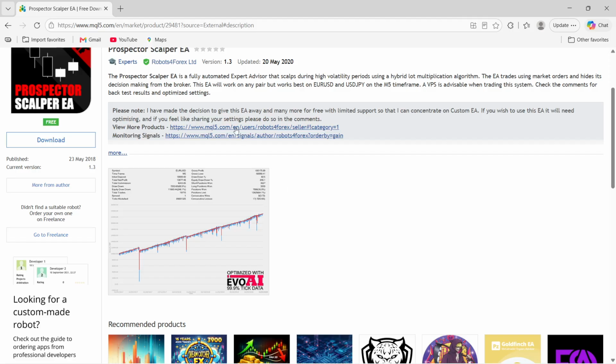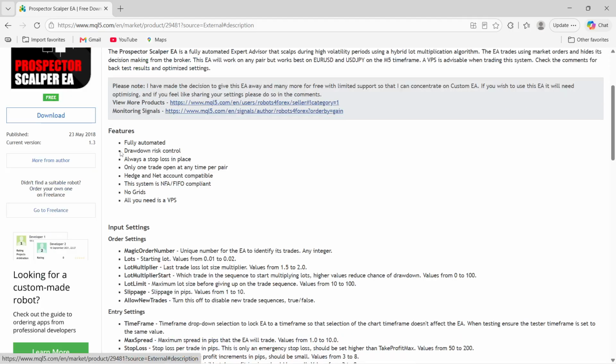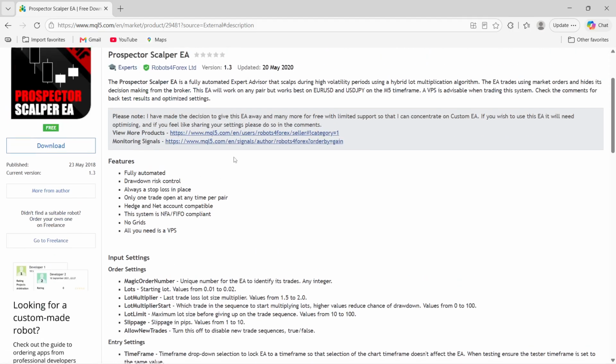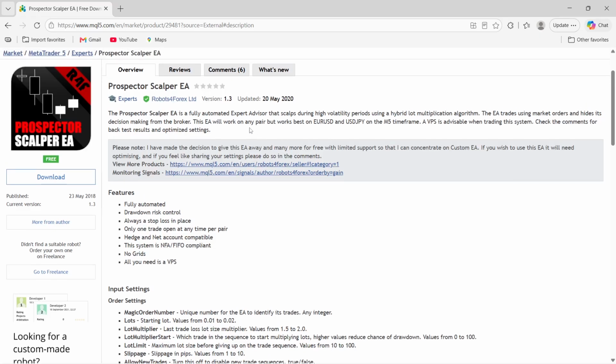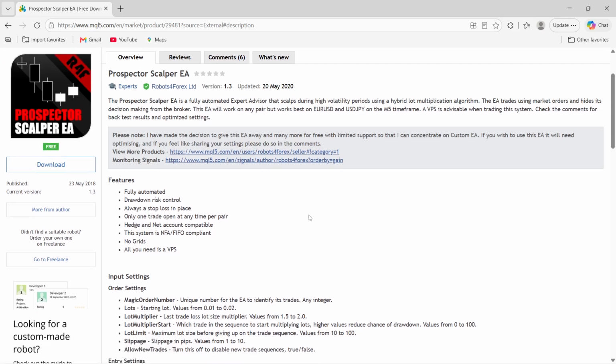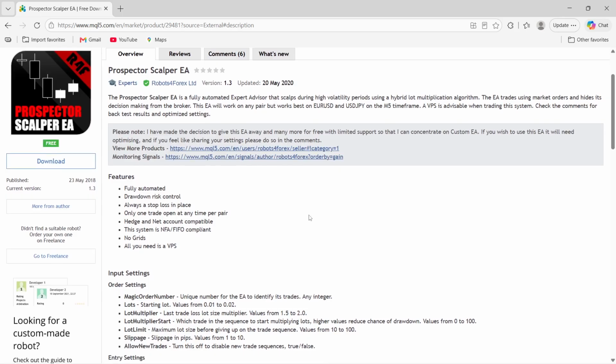Alright, so let's walk through the strategy as per the developer. According to the developer, the Prospector EA is a fully automated expert advisor that scalps during high volatility periods. It says it uses market orders and hides its decision making from the broker.